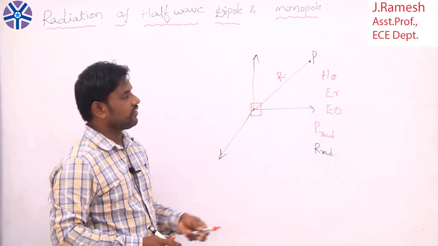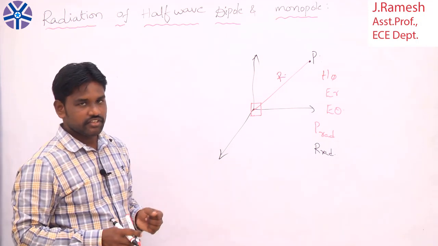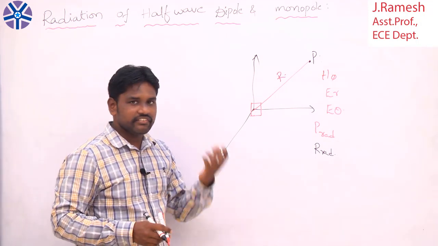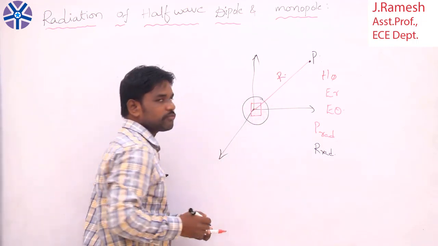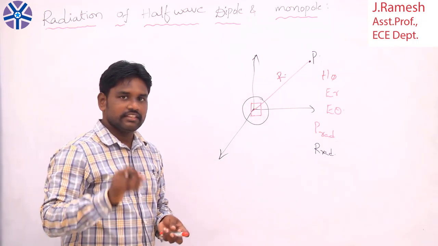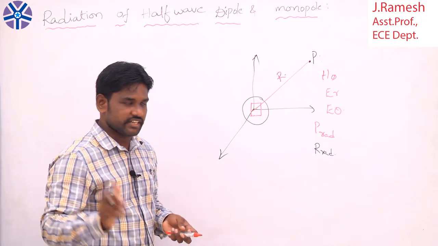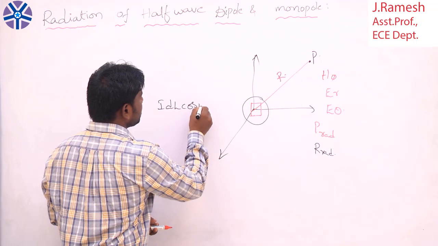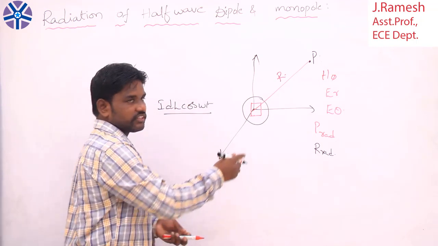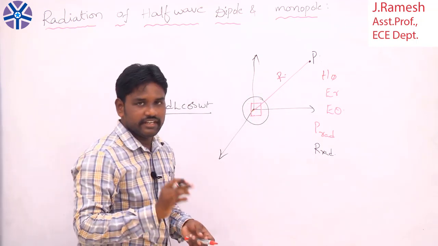This is what I followed in the previous case. But here our assumption is that I took a small element, within which I consider the current to be constant. That is why it is simply taken as I dl cos omega t, constant for the entire small element dl.